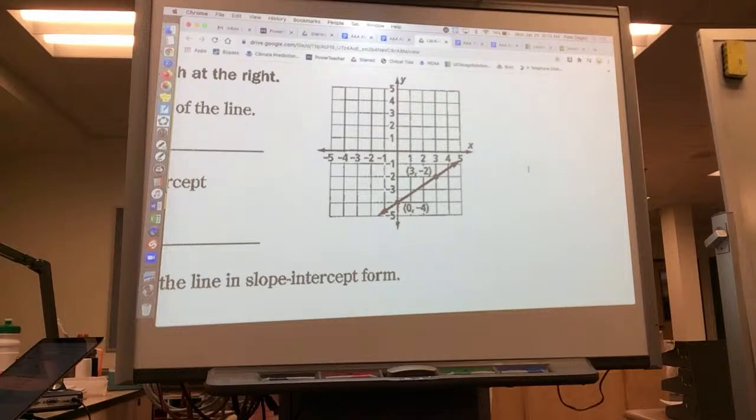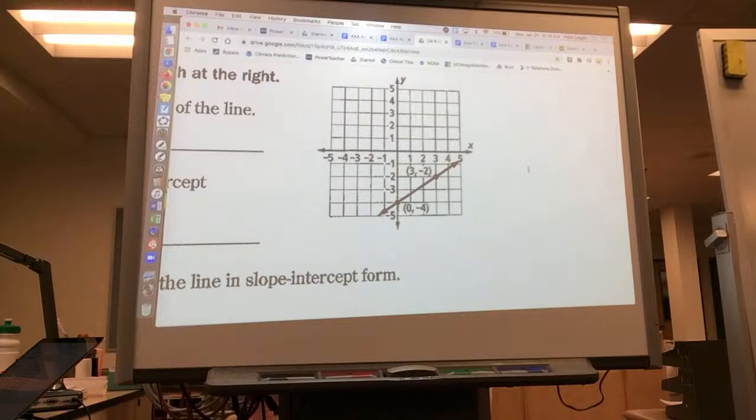The first two numbers, top and bottom, have to come from the same point, and these have to come from the same point. So what is -2 subtract -4? 2. And 3 subtract 0 is 3.